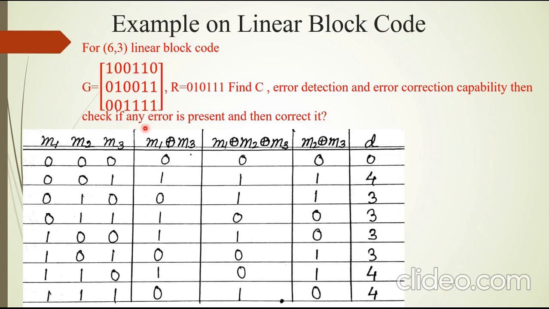So I can see the parity bits here. For the first parity bit, it is M1 plus M3, so I have to find M1 XOR M3, because M2 is multiplied by 0.